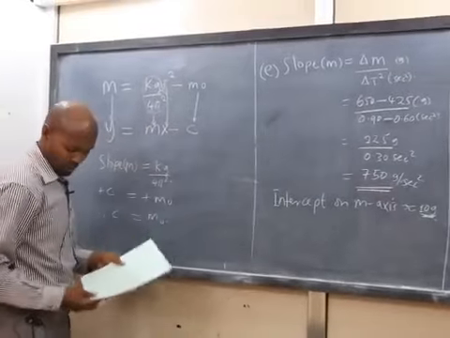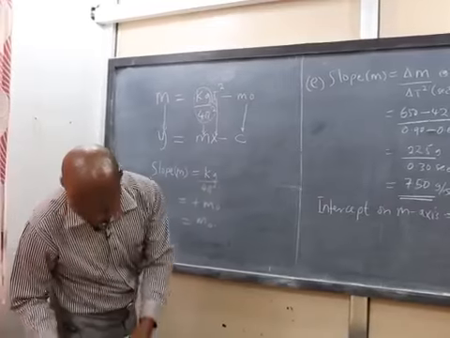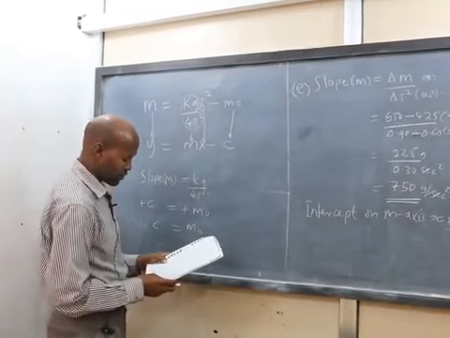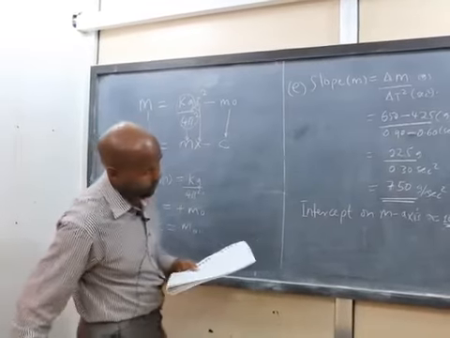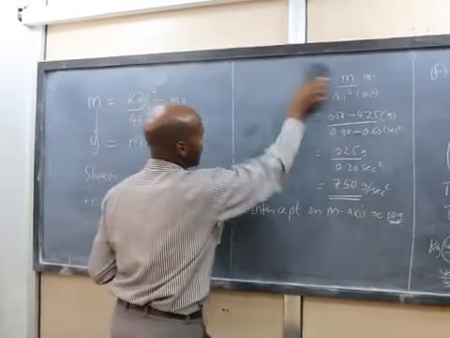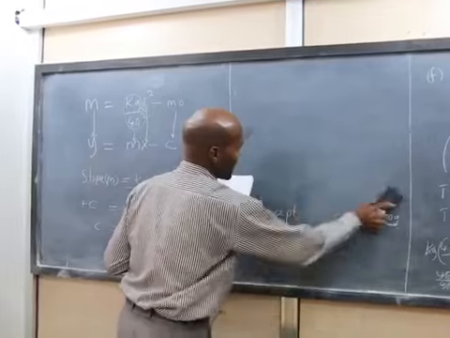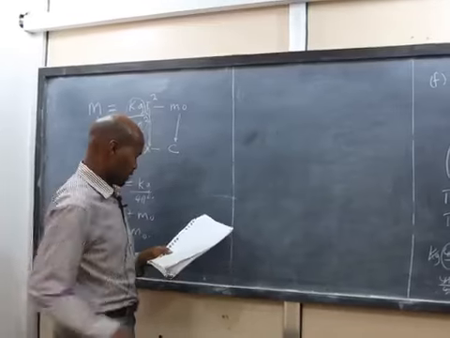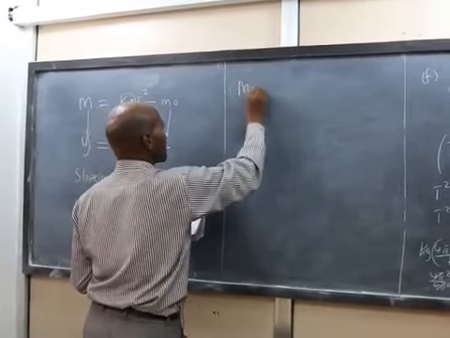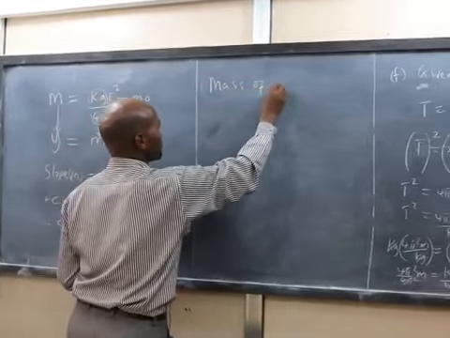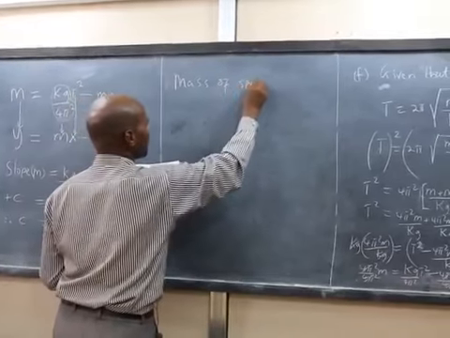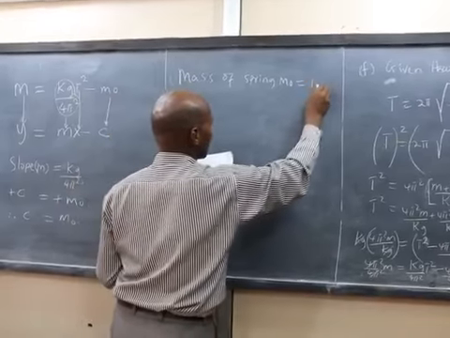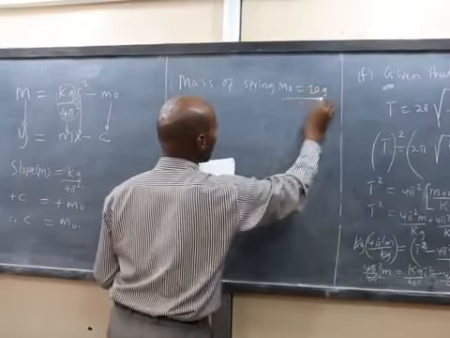Okay. The last question says calculate the value of acceleration due to gravity. Now we have to determine the value of acceleration due to gravity and the mass of the spring. But we already have the mass of the spring, m naught, approximately 10 grams from the graph.